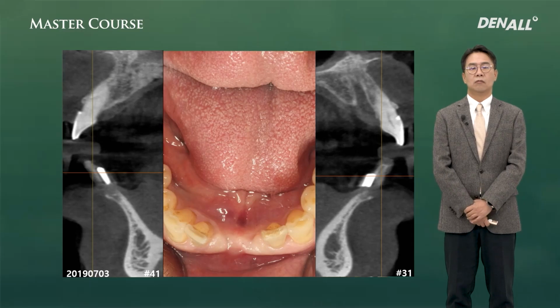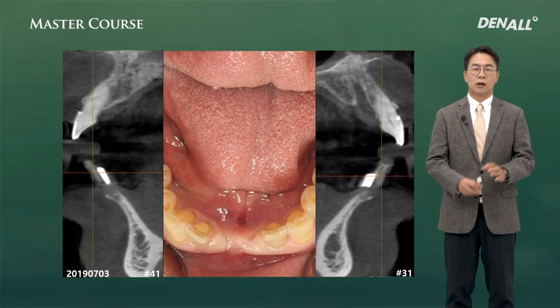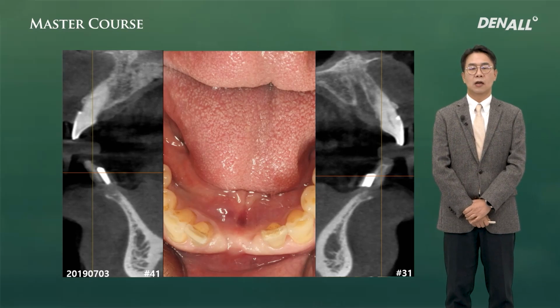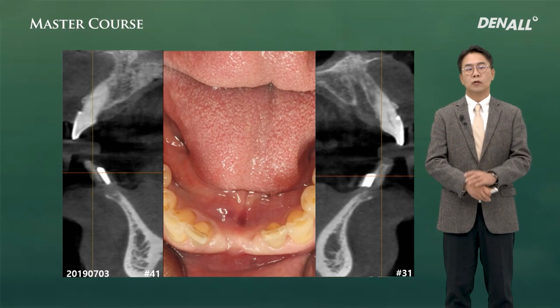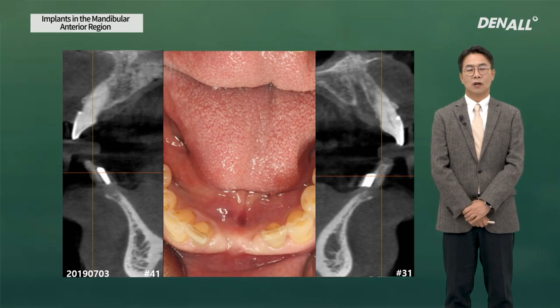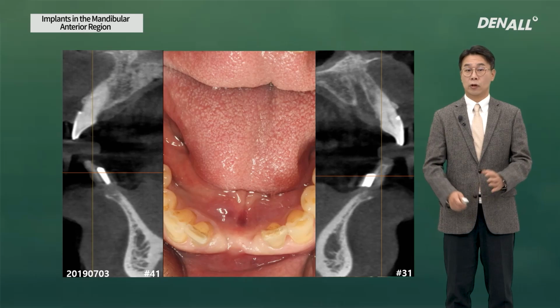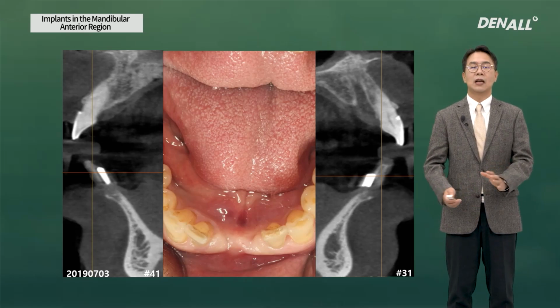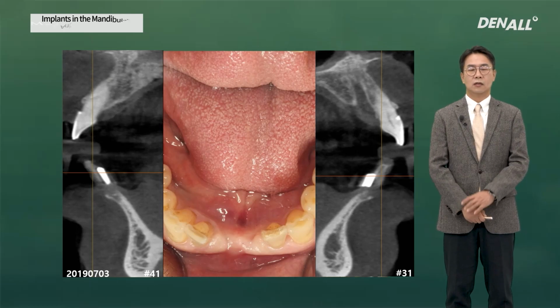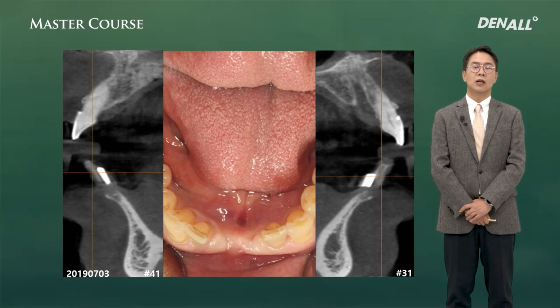Unless you place implants very accurately, it is not possible to place the implants in the bone. So if you do not have prior planning, you can get into trouble. Of course, even with planning, sometimes things don't go as we intended, and we need to consider that in placing implants.